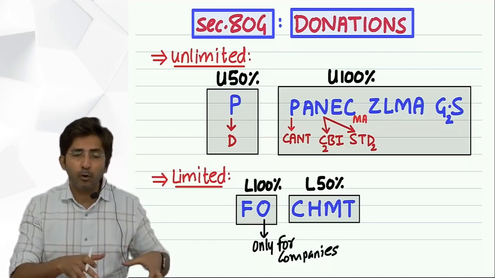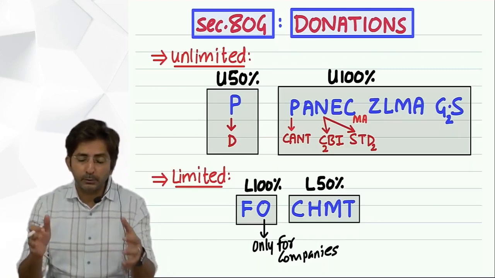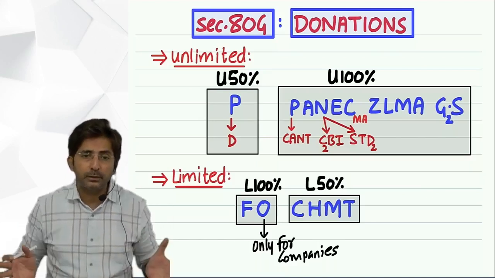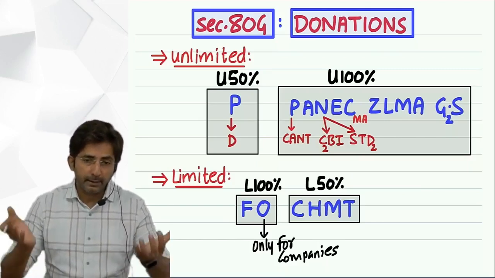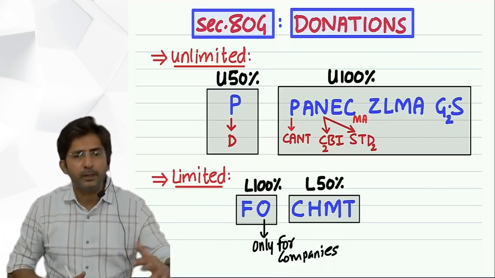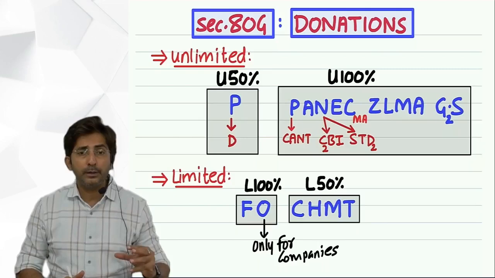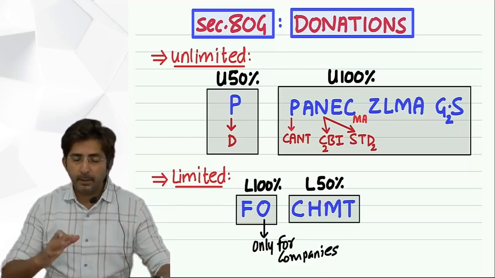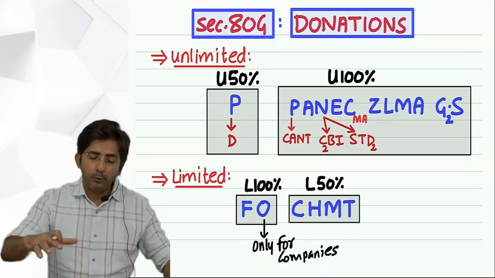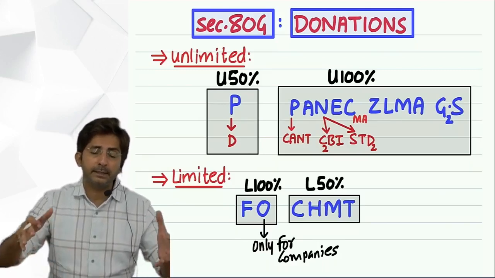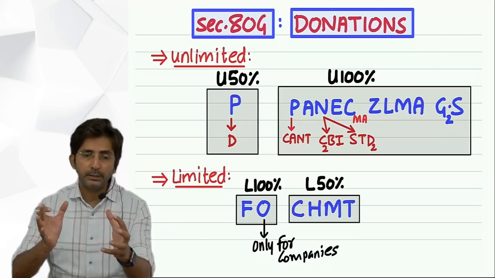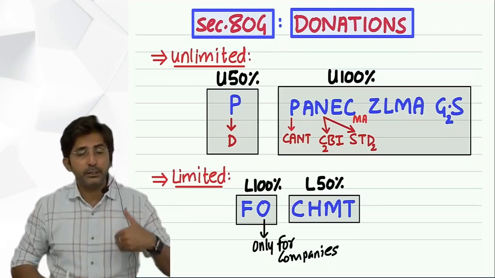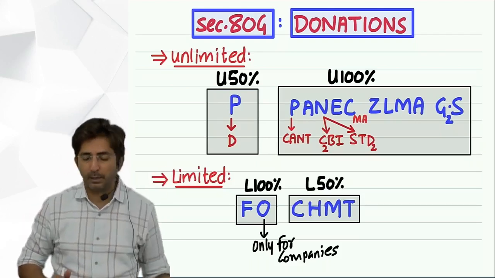Andaman Nicobar is a risky area, a small land surrounded by a big ocean, vulnerable to any hazard. So they collect donation for its benefit. Andaman Nicobar is just an example. Wherever the Lieutenant Governor is heading, whether Andaman Nicobar or Pondicherry, he is collecting donation for his area, and if you give donation to him, deduction will be allowed.